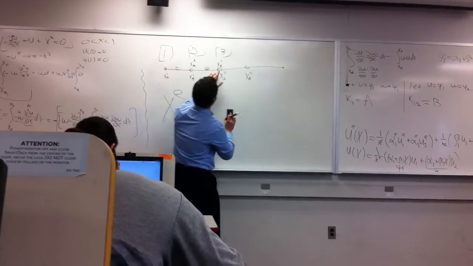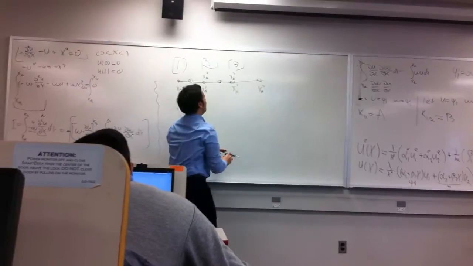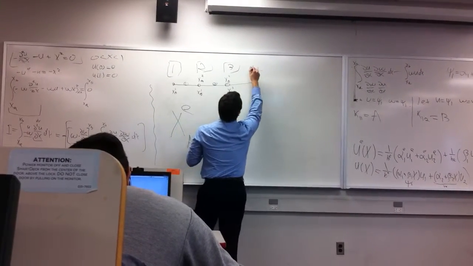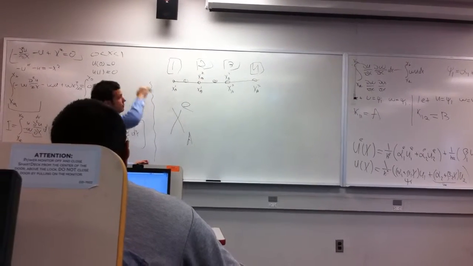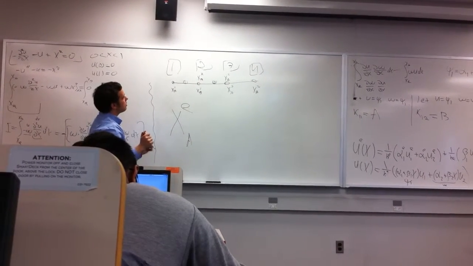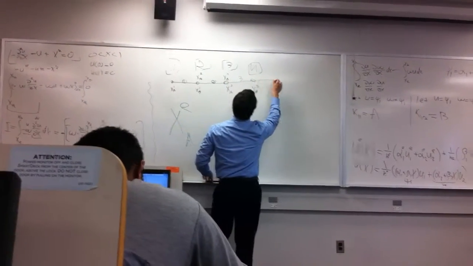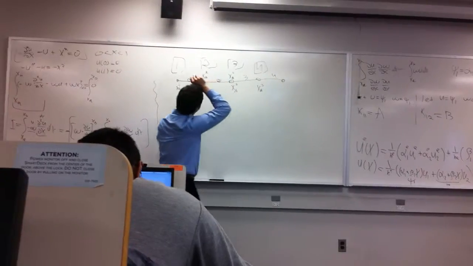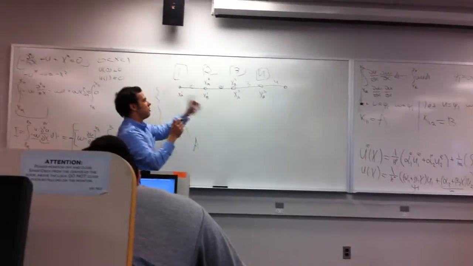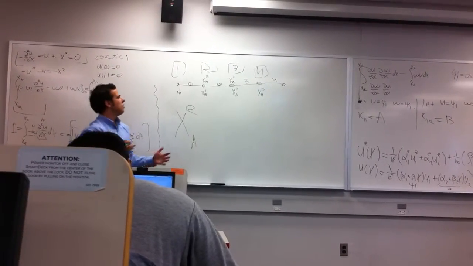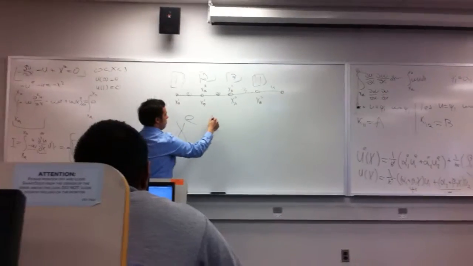Since we have 4 elements, you will need a 5 by 5 matrix, because you have 1, 2, 3, 4, 5 nodes.